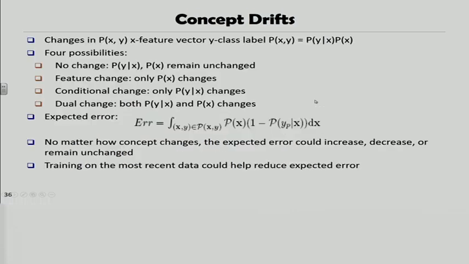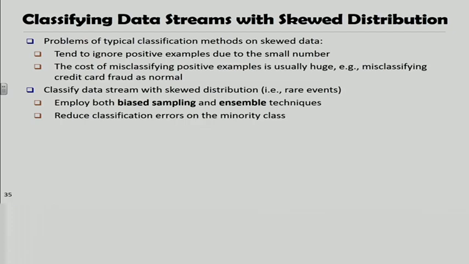I probably go back and just show you her general philosophy. That means she wants to classify data streams with skewed distribution. Skewed distribution means the alarming things, intruders, are a very small number. The majority data actually is good.